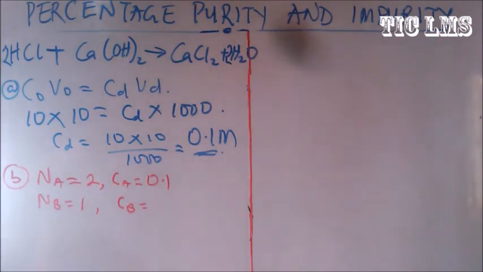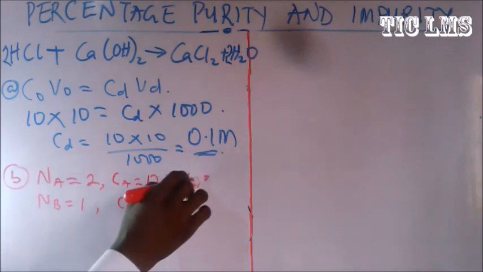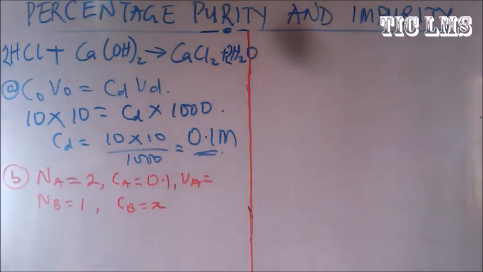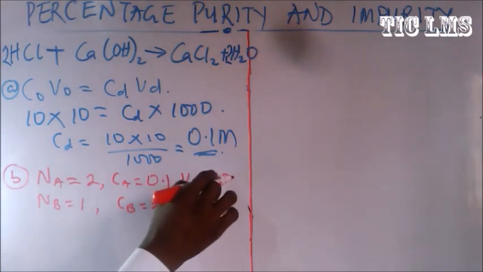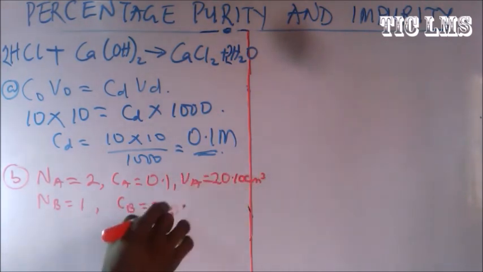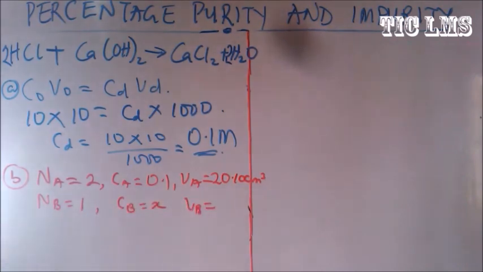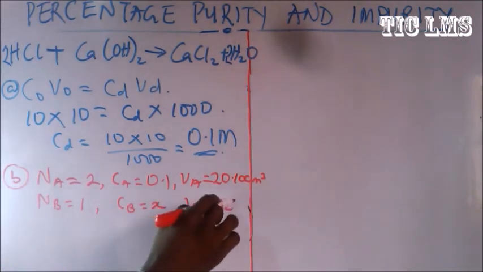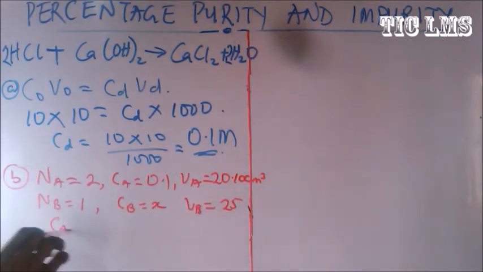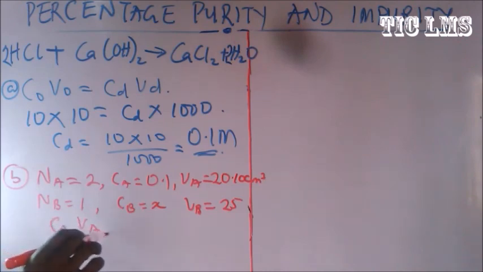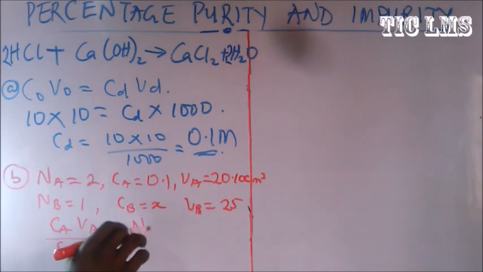Concentration in mole per dm cubed of base is unknown, that's what we are looking for. Then the volume of acid which reacts is 20.1 cm cubed, and the volume of base which reacts is 25. So we have concentration of acid times volume of acid, over concentration of base times volume of base, equals number of mole of acid over number of mole of base.